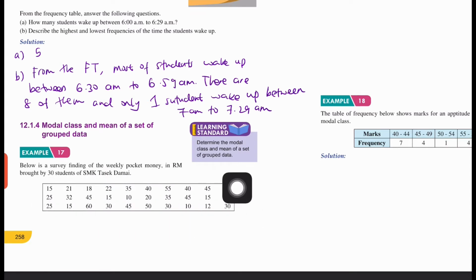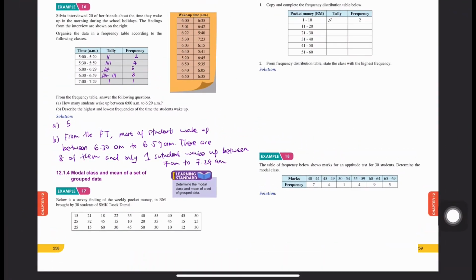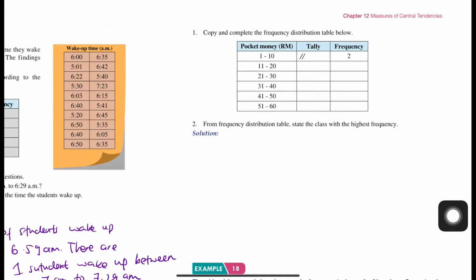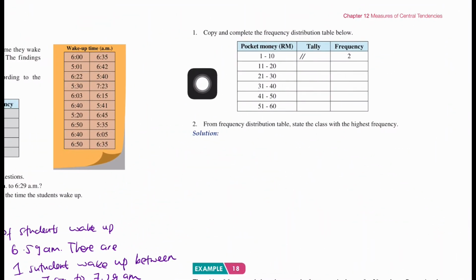So we have data from 30 students. The first question: copy and complete the frequency distribution below. Over here we need to do two things, first the tally and then the frequency.